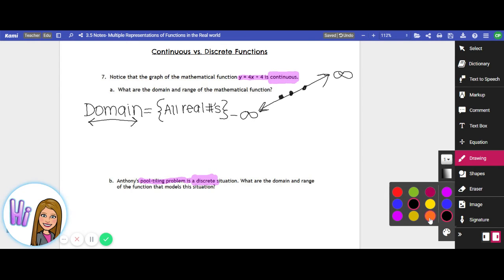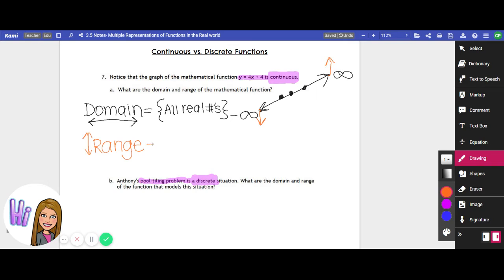And when we look at our range, the range is going to continue to go up forever to infinity and down to negative infinity. So our range is also equal to the set of all real numbers. So when it comes to continuous, our domain and range look like this: all real numbers.